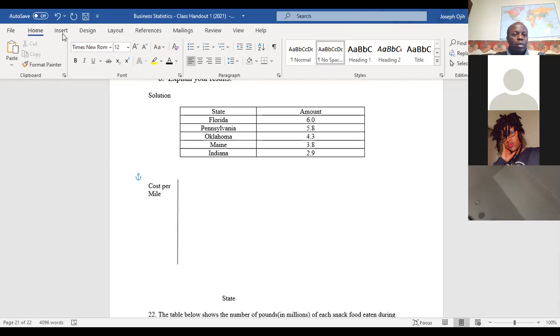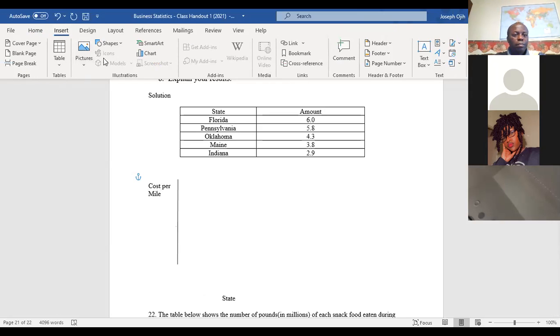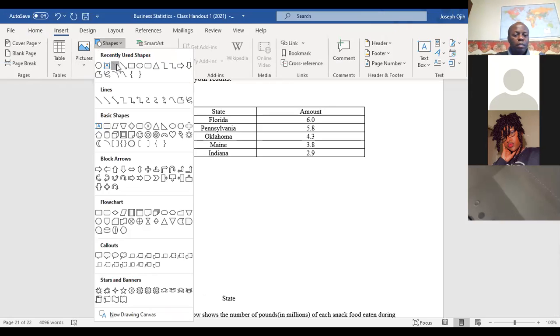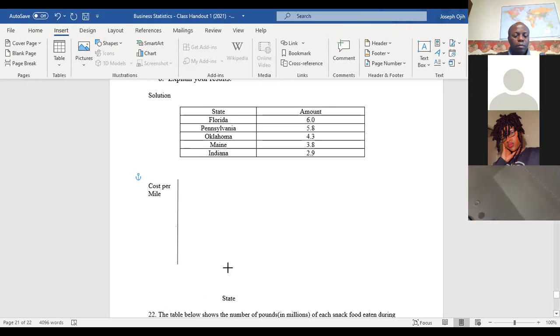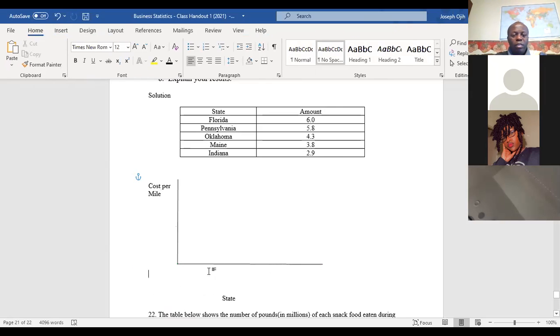So now you can put the other line, so that you have this in this form. First one is Florida.